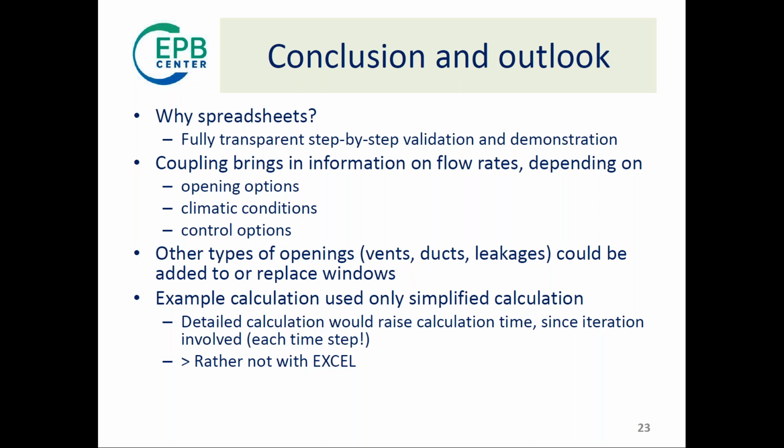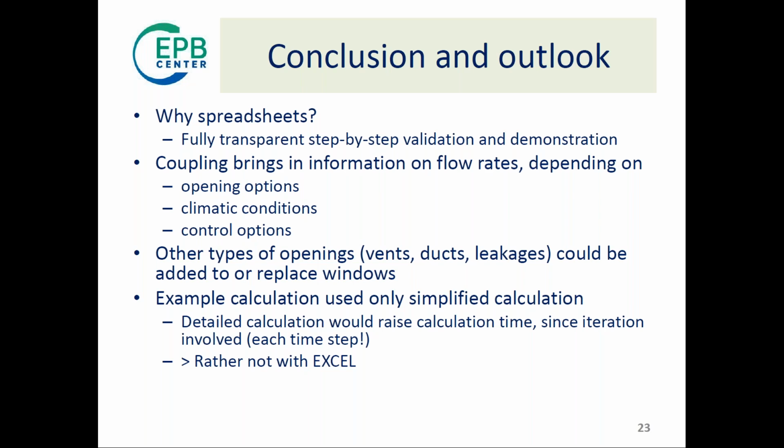So this is a very short insight into this coupling of the thermal zone calculation and the natural ventilation calculation. Dick has already talked about reasons for spreadsheets. They are fully transparent for step-by-step validation and demonstration.